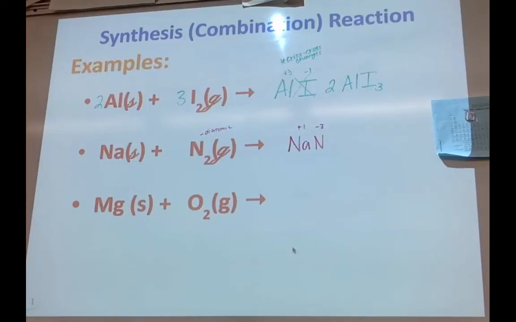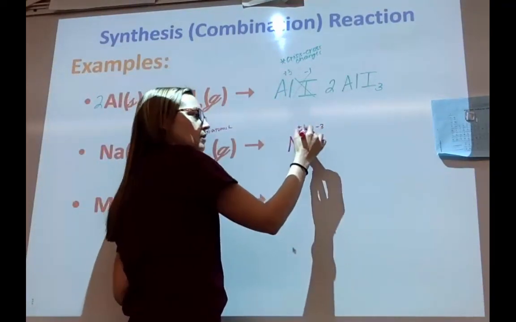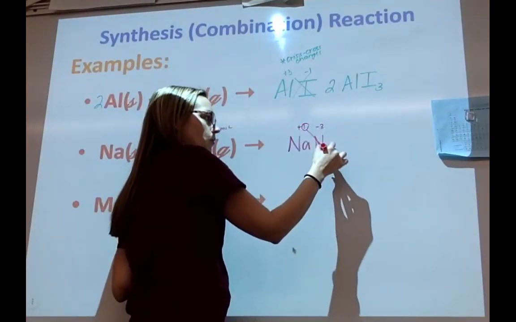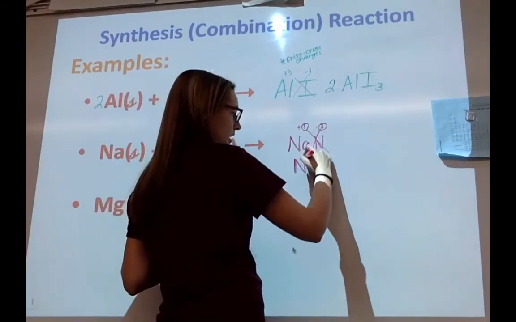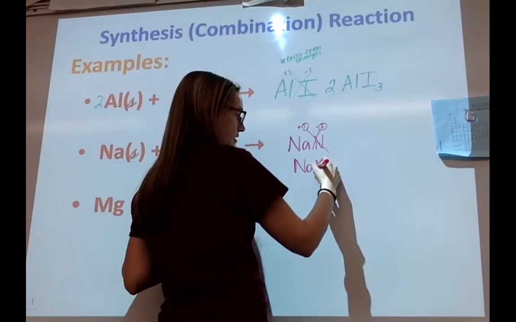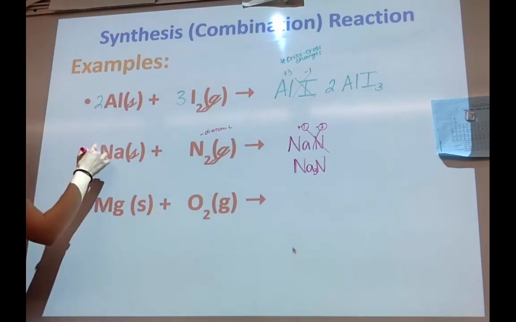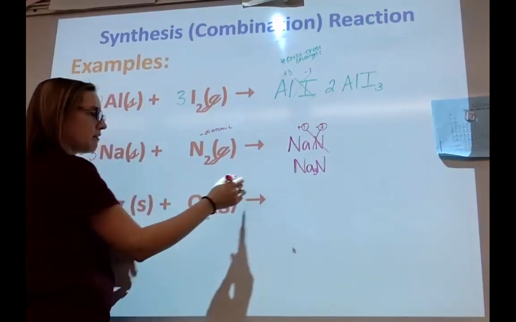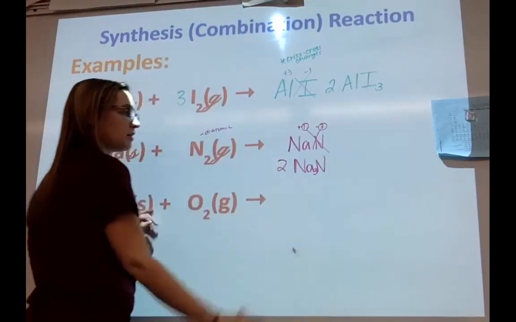When you crisscross, remember the point of crisscrossing is to tell how many of each atom we need to make it neutral. Right, 1 comes down, 3 comes down. Your product is Na3N. And you could go through and you could balance. Right, you need 3 Nas to make that balanced. Now you have 2 nitrogens here and only 1 here.